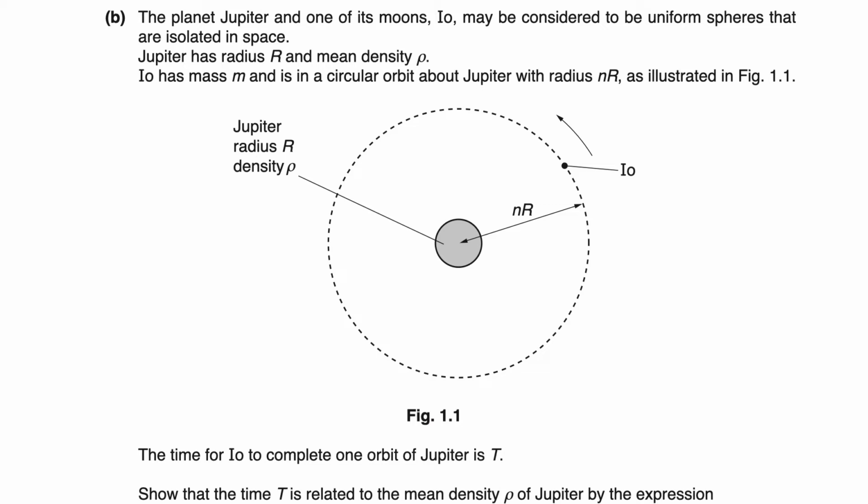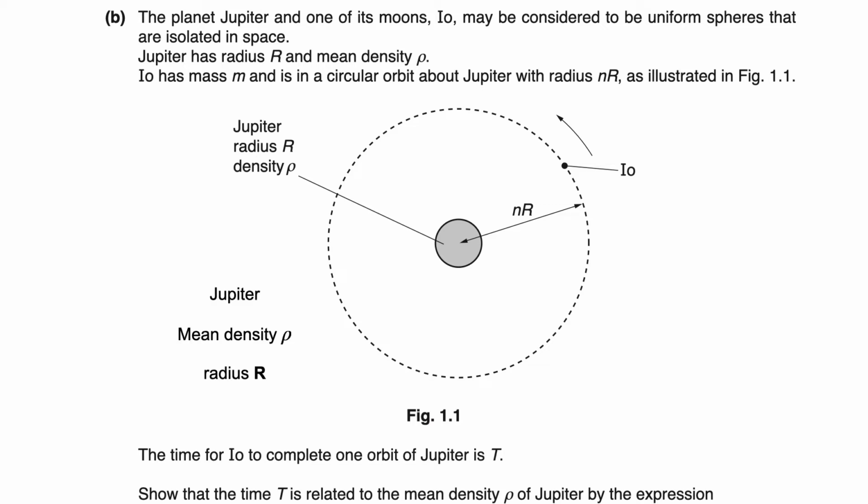Now what information can we have here? For example, the density of Jupiter is given, the radius of the planet Jupiter is given, and the radius at which the moon Io orbits is a multiple of that radius. That multiple is n.